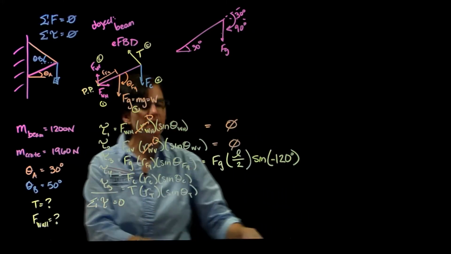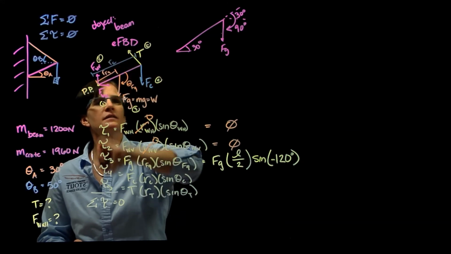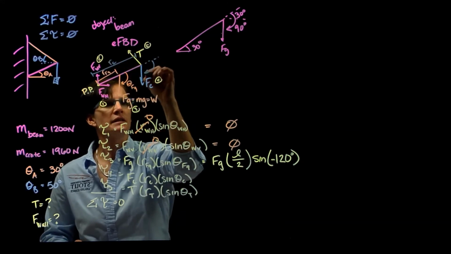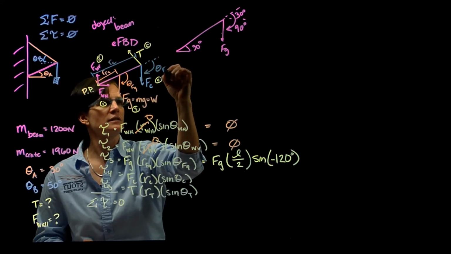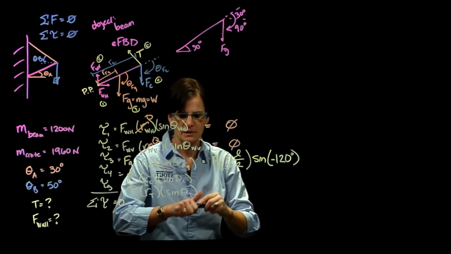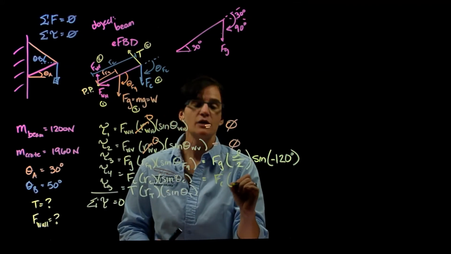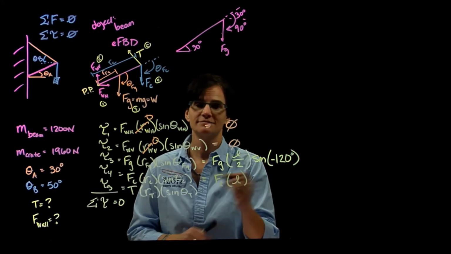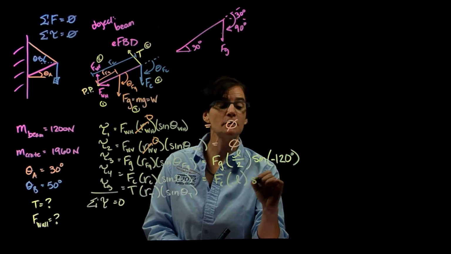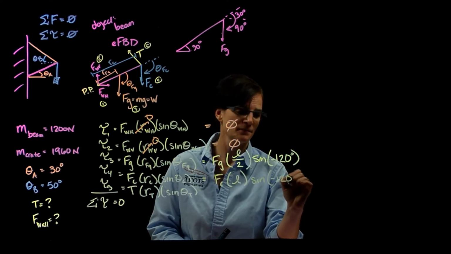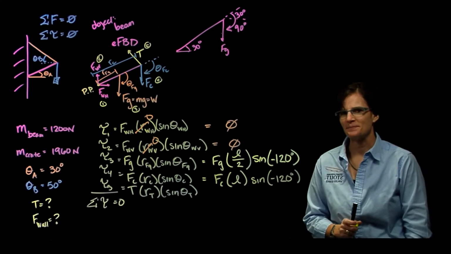Well, the crate force has a radius, and it too has an angle. So extend the radius, curve to the force. The radius now is the length of that beam. I don't know what it is, but it's the length L. And similar to the force of gravity, it too has an angle of minus 120 degrees.